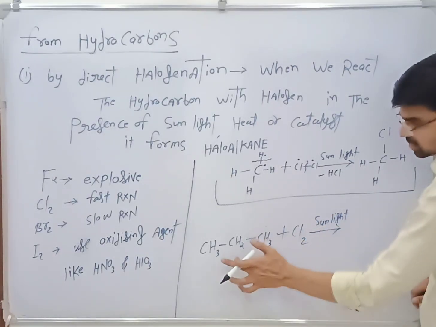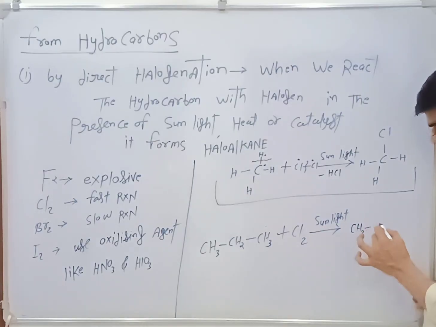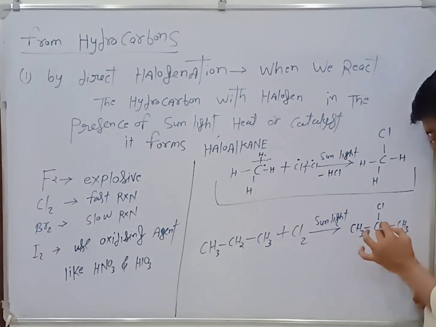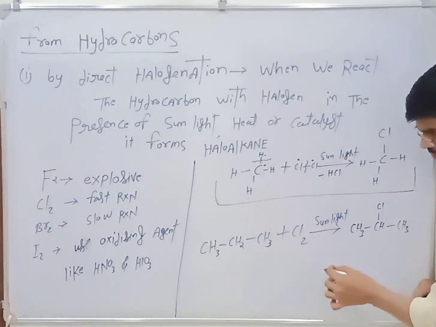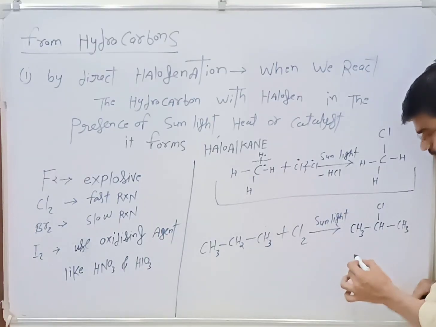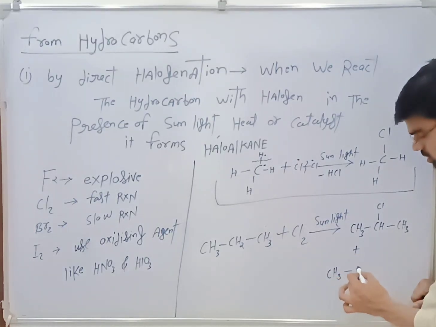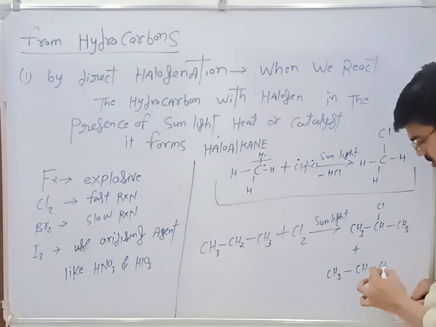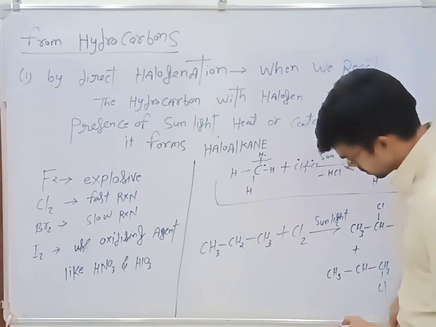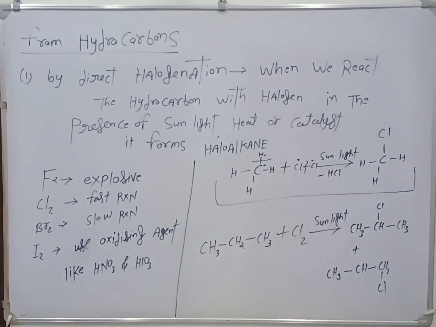If it attaches to the intermediate carbon, it will form a product like CH3CHClCH3, or if it attaches to the terminal carbon, it will form the product CH3CH2CH2Cl. So both kinds of products are formed in this case.